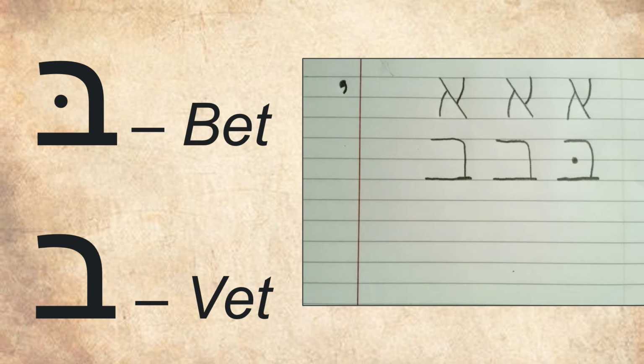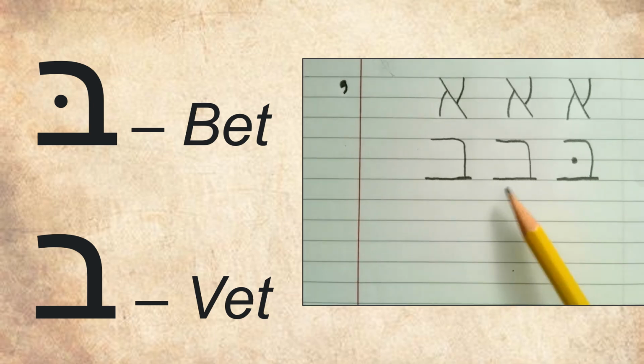You use both your lips, b. Now, when the dagesh is not present, as in this example, it is called Vet, making a dental labial sound, v. So in Bet, b sound, as in basketball, and Vet, as in volleyball.